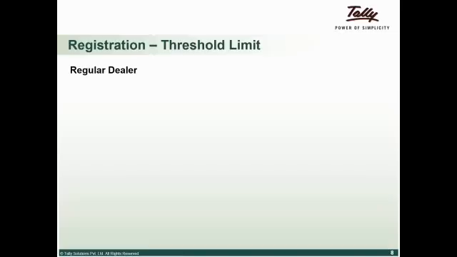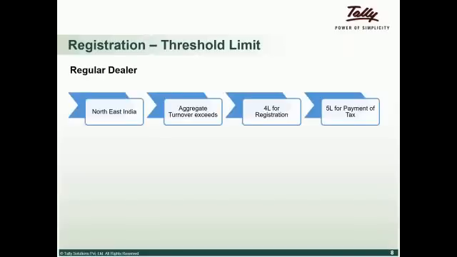We will first take the regular dealer. States have been broadly categorized into two different categories. One is the northeastern states including Assam, where the rule specifies that if a dealer whose aggregate turnover exceeds 4 lakh rupees in the year, then that dealer needs to register for GST.